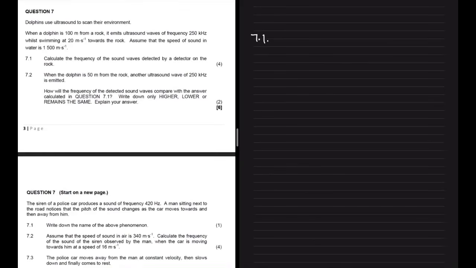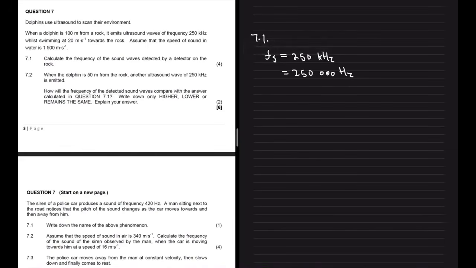So the dolphin is 100 meters from a rock. That's not important in solving this problem. The frequency emitted by the source is 250 kilohertz, which is 250,000 hertz, right? Kilo is 1,000.